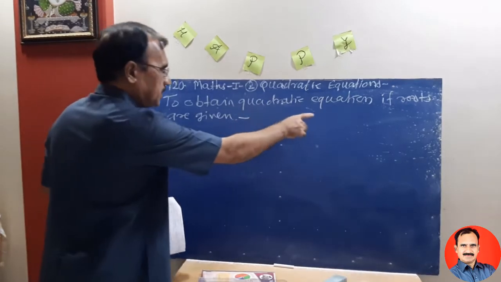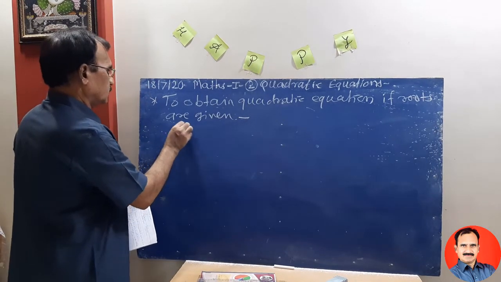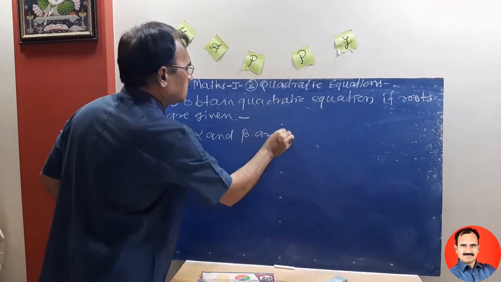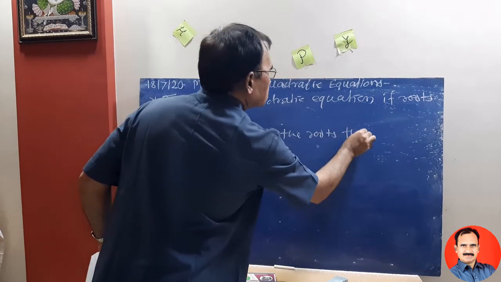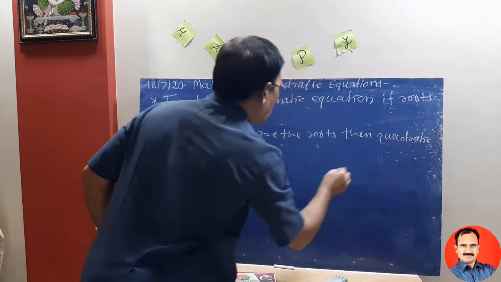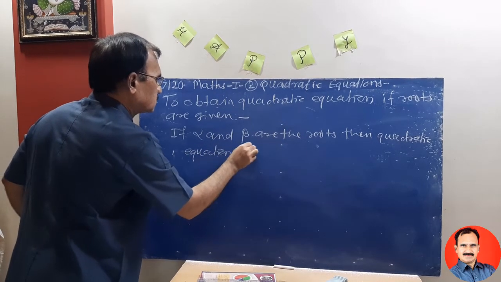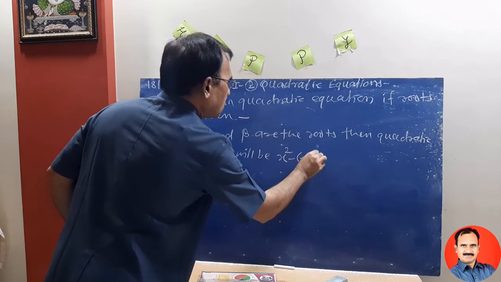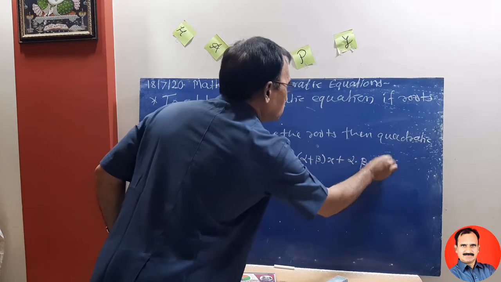To obtain a quadratic equation if roots are given, if alpha and beta are the roots, then the quadratic equation will be x square minus alpha plus beta into x plus alpha into beta is equal to 0.